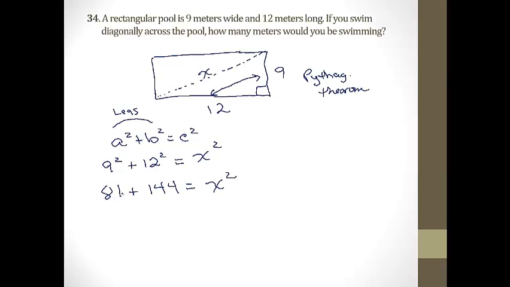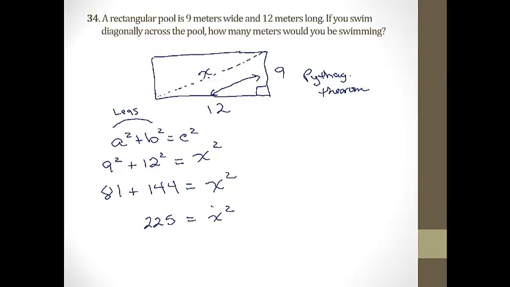When you add 81 plus 144, I'm going to pause, let you guys add it. No calculators. You get 225. So does that mean that the diagonal length here is 225? No, it doesn't.